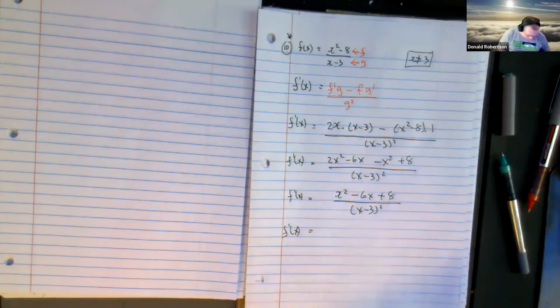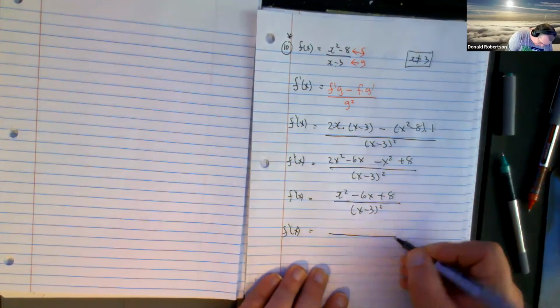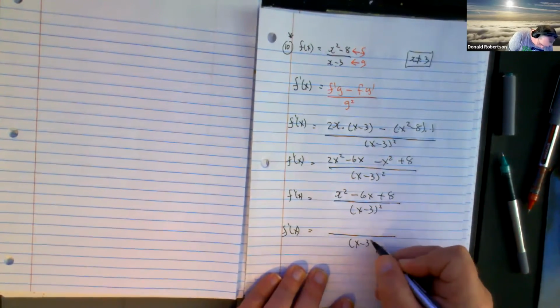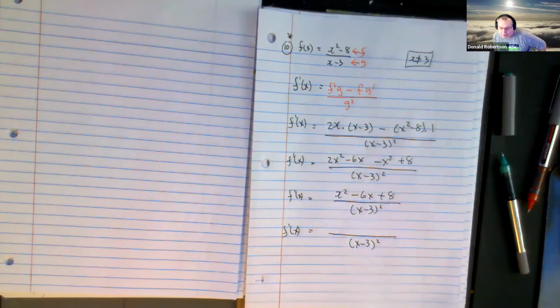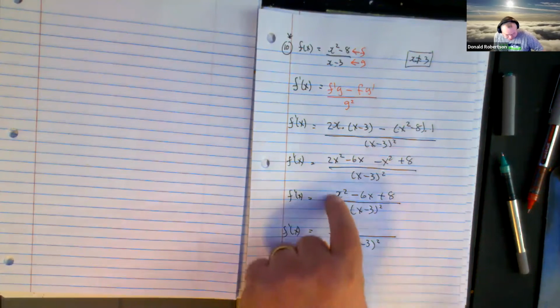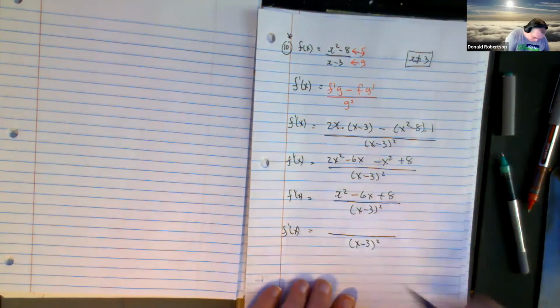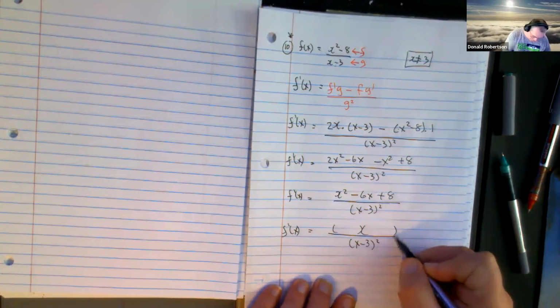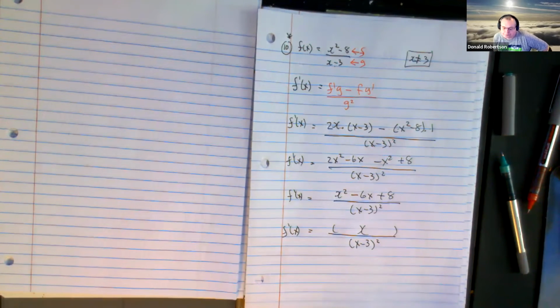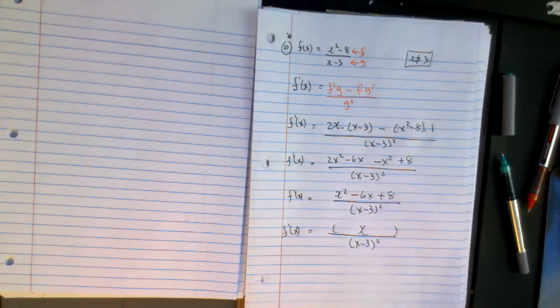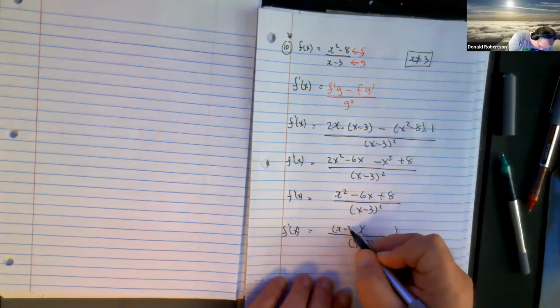It's even more important than normal to make sure you do style points on this. Does it look like the original? Yes. Have I factored the heck out of it? No. Can anybody see how to factor that quadratic? A -4 and a -2. Okay.